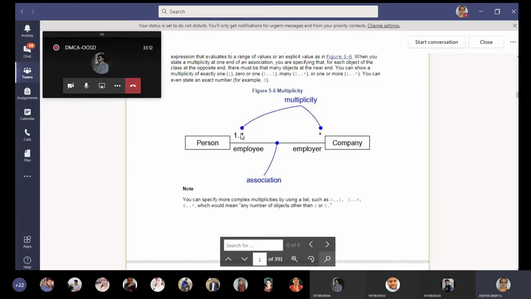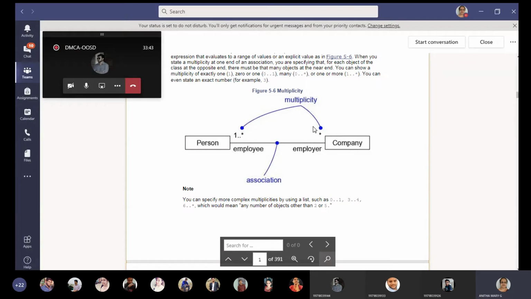So one dot dot star means one or many. One or many persons can work for a company. So how are we giving the cardinality here as star? Star means many. One person may not exactly work in only one company. Say as a student, maybe you are studying in college, so after college or in your free time, based on your necessity, you may work in two or three other places.